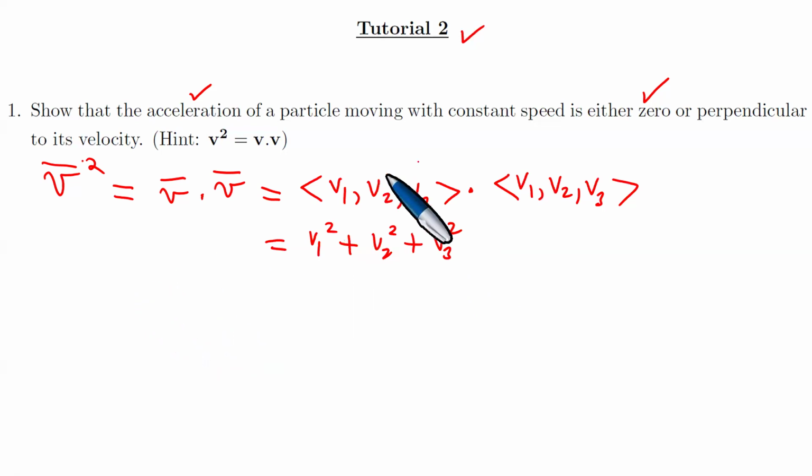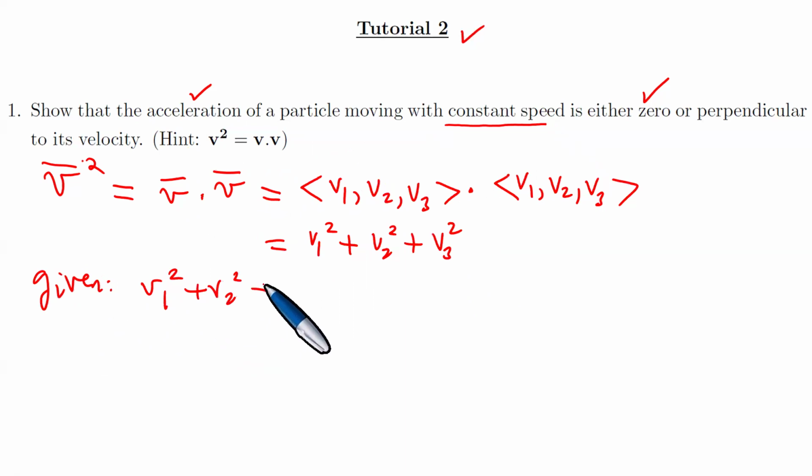But remember that we have constant speed. We want to show that the acceleration of a particle moving with constant speed is zero or perpendicular to the velocity. So we've been given that V1 squared plus V2 squared plus V3 squared is constant.